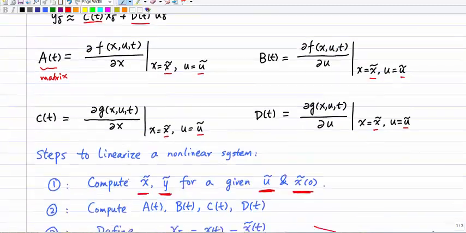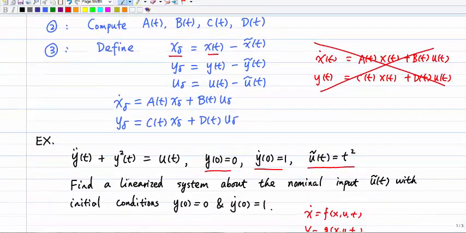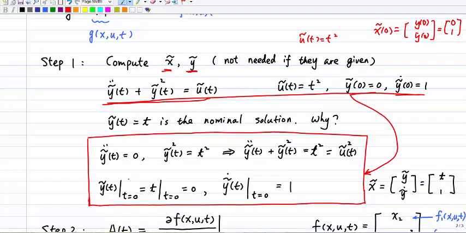If I put the tilde quantities in, it should be satisfied. The nominal input should drive me to the nominal state as well as the nominal output. That's why it should be the case.